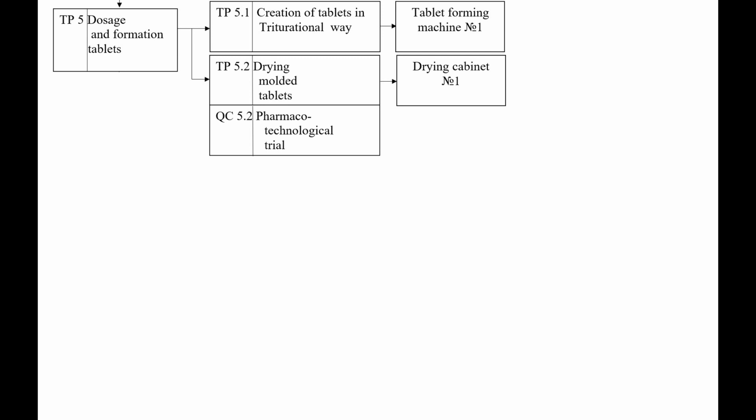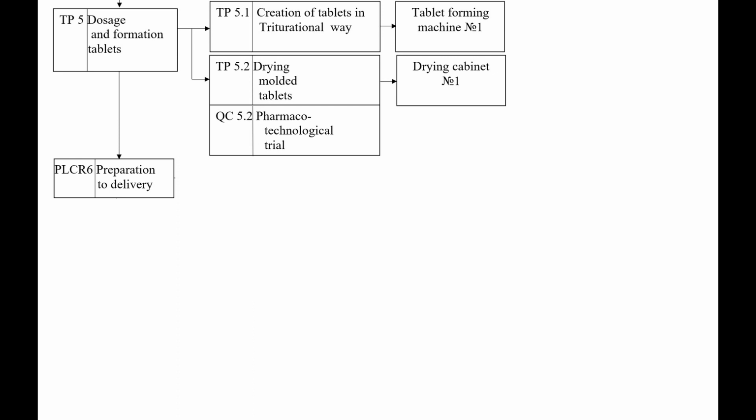At the same time, pharmacotechnological control is carried out, which is displayed in the scheme. The abbreviation used is QC, quality control. The numbering is based on the stage number and the position process number. In our case, stage number 5 is position 2. For quality control, equipment is not indicated, it is multiple control.